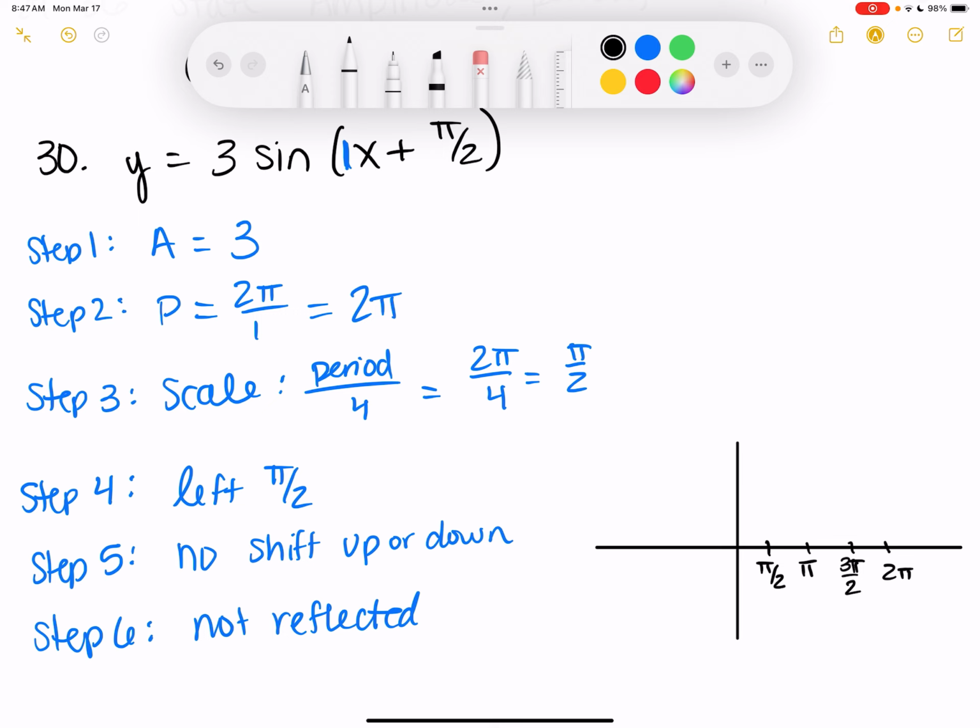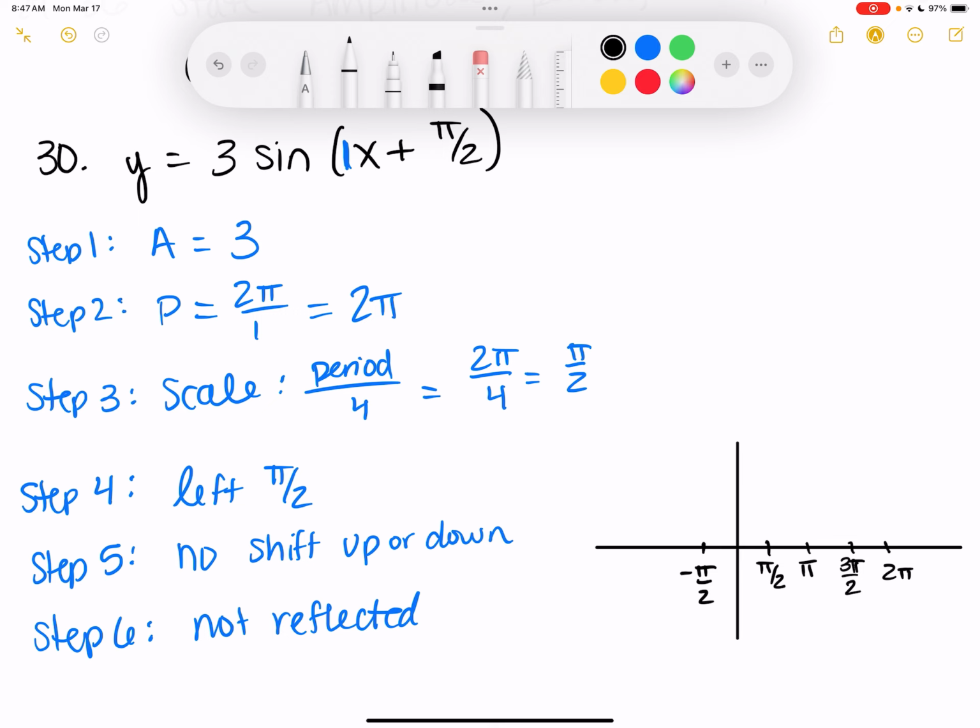Now, if this graph was not shifted left or right, I wouldn't need to put any more values on here. If I know it's going to the right, I would need to add some more over here. I know this graph is going to the left, and that's why I write out all this information first. Then over here, I need to go to negative pi over 2. Because if I have a value starting here at 0, then I know I'm going to go left 1 spot, which in this case is pi over 2.